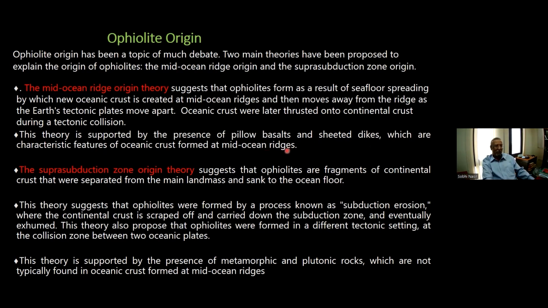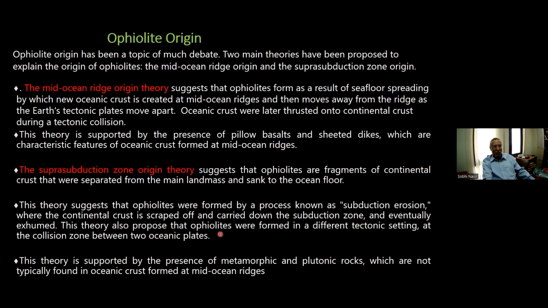On the other hand, we have the supra-subduction zone theory, which suggests that ophiolite are fragments of continental crust that were separated from the mainland mass and sank to the ocean floor. It also suggests that ophiolite were formed by a process known as subduction erosion, where the continental crust is scraped off and carried down the subduction zone and eventually exhumed.